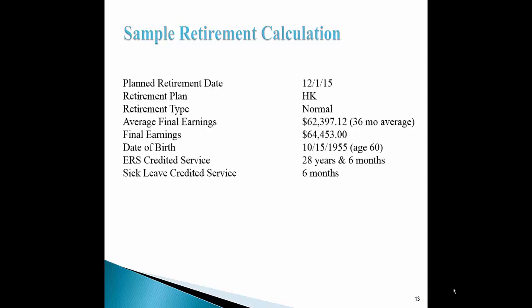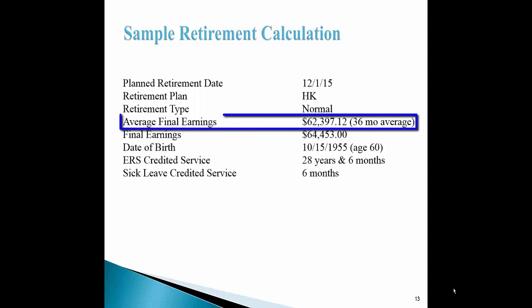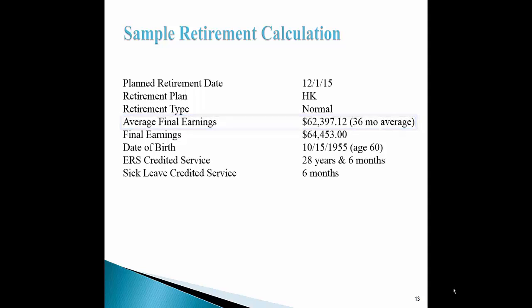Sample retirement calculation. The employee used in this sample retirement calculation will be retiring December 1st at age 57 on a normal retirement and is a member of the HK retirement group. The average final earnings are $62,397.12, which is an average of this employee's highest 36 months of earnings.